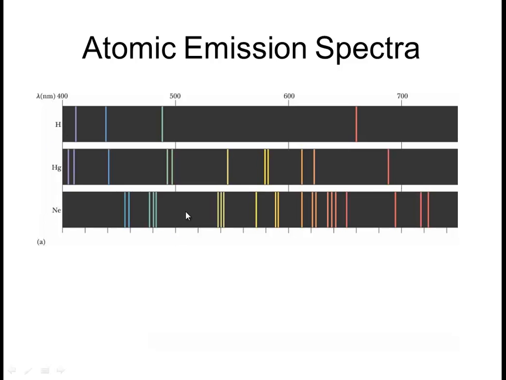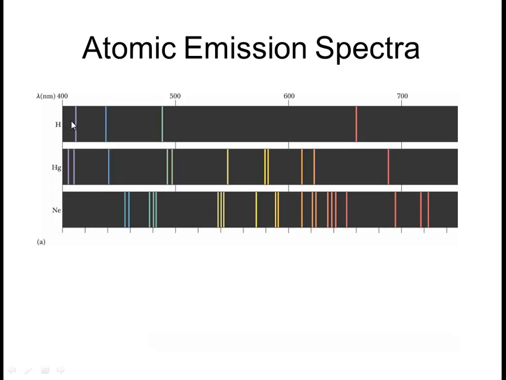So anyway, the point I want to make on this slide is that the atomic emission spectrum for an element provides kind of a fingerprint. It provides a unique signature for that element.